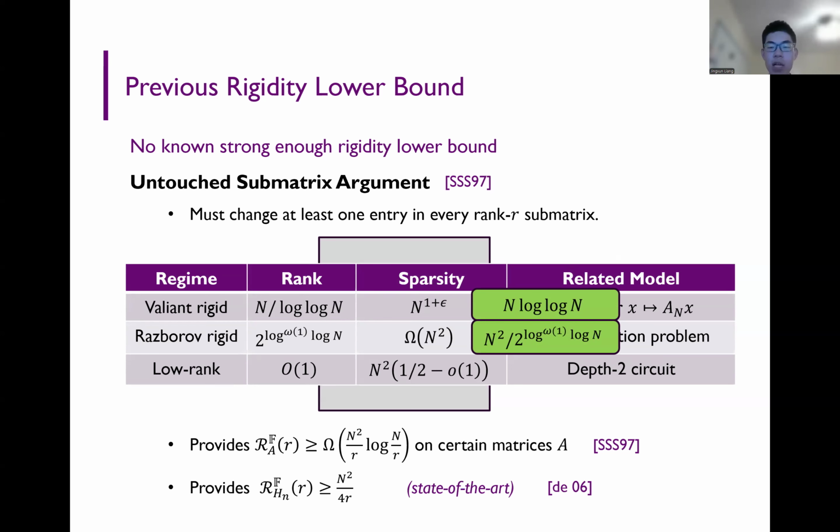Say, for Valiant rigidity, we only obtain a sparsity of n times log n, and for Razborov rigidity, we only obtain a sparsity lower bound of n squared over quasi-polylog n.